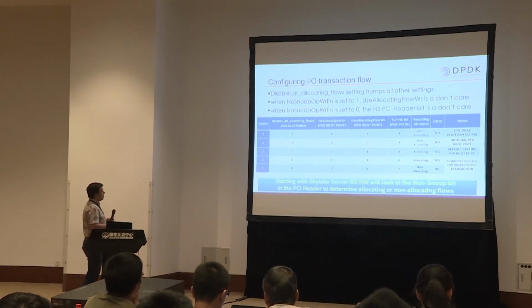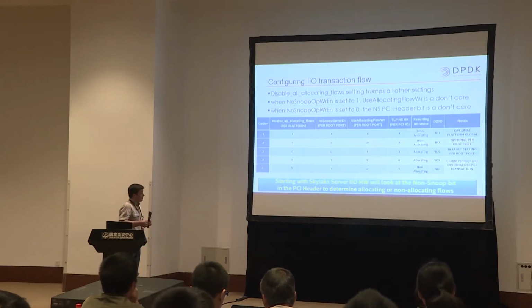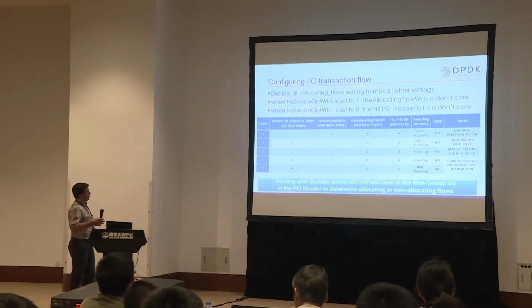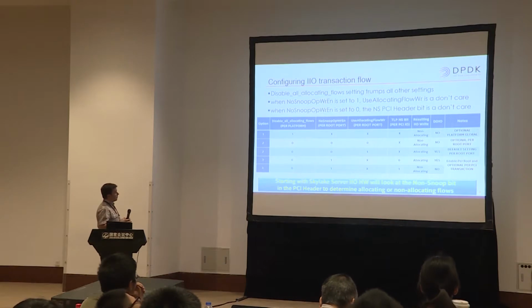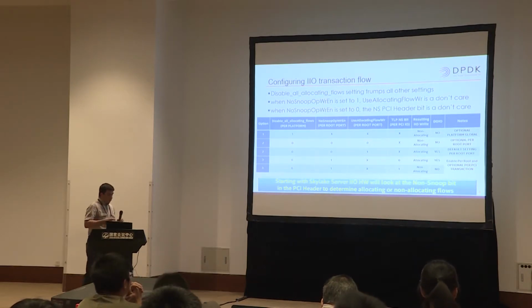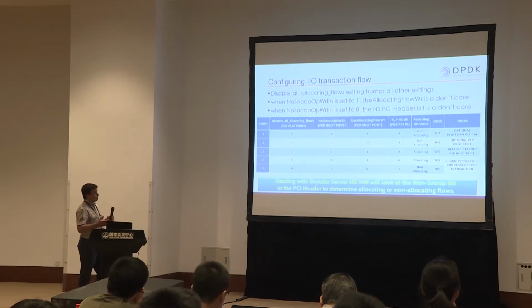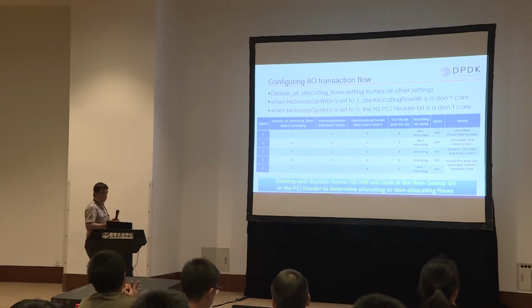And there is one more usage which becomes available starting with the Skylake platform, where hardware can look into the no-snoop bit in the TLP header of the PCI packet and determine if the packet goes to allocated or non-allocated flow. So we have kind of a flexible configuration here.